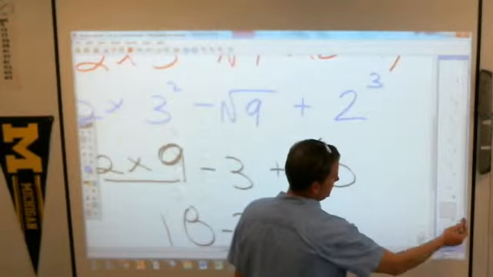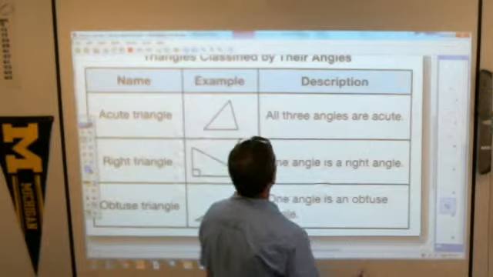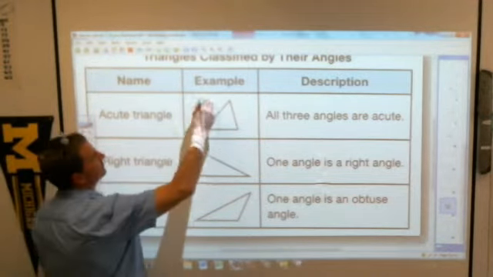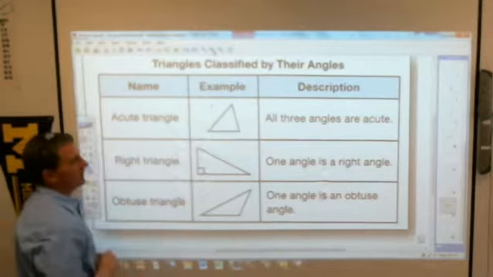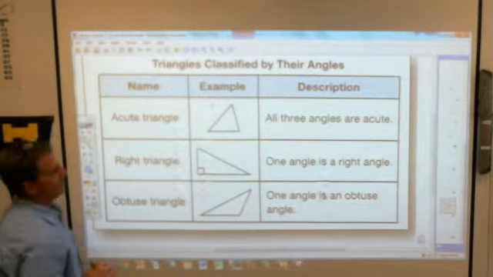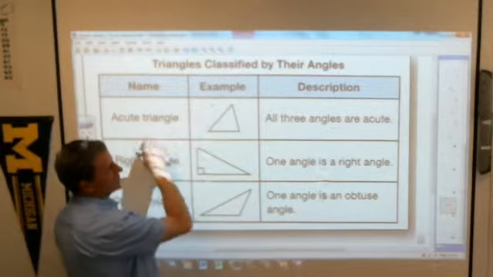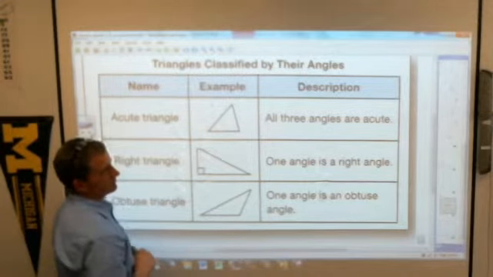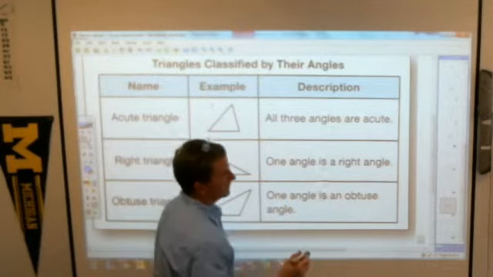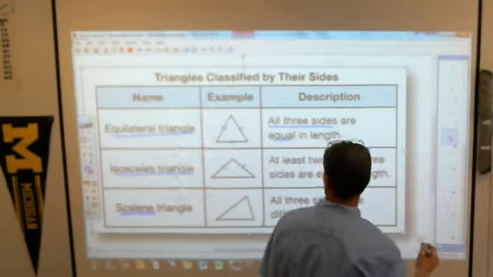Based on their angles, we need that a little bit bigger. A couple things to note in here. If it is an acute triangle, that simply means all angles are acute. Actually, go back to the equilateral one.